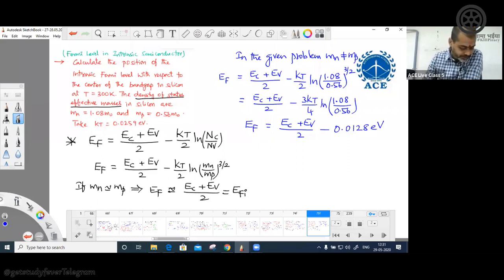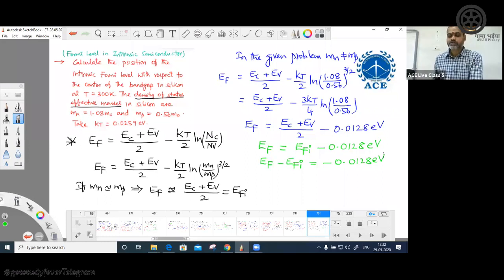So can I write now that EF is equal to EFI minus 0.0128 electron volts? So can I write EF minus EFI equal to minus 0.0128 electron volts?